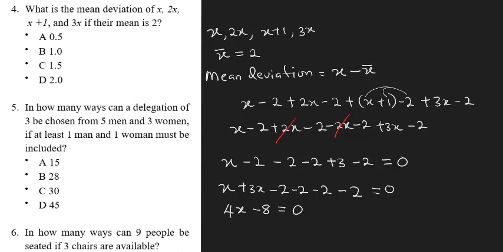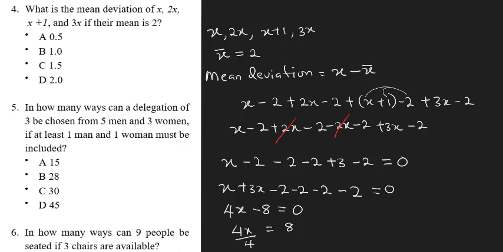So in this case, we're looking for x now. We'll move this 8 to the other side. If we move 8 to the other side, of course, it's going to be positive 8 now because it's negative and it crosses the equality sign. So it's going to be 4x is equal to 0 plus 8, which is the same thing as 8. So we're looking for x, we divide both sides by 4.